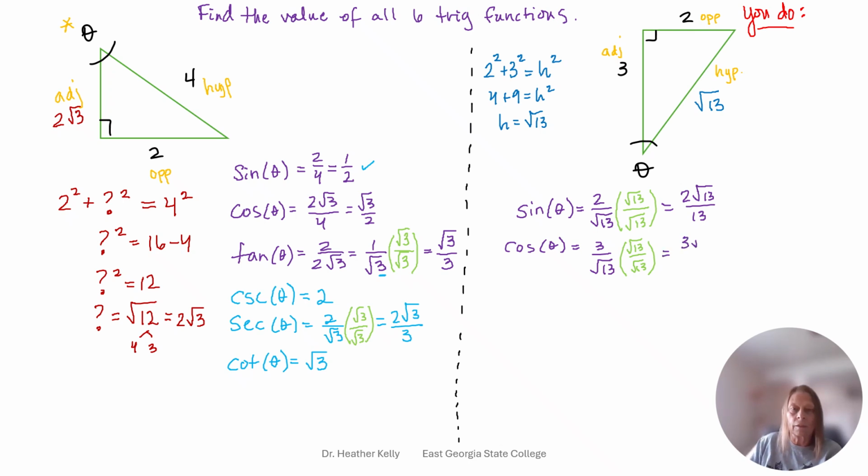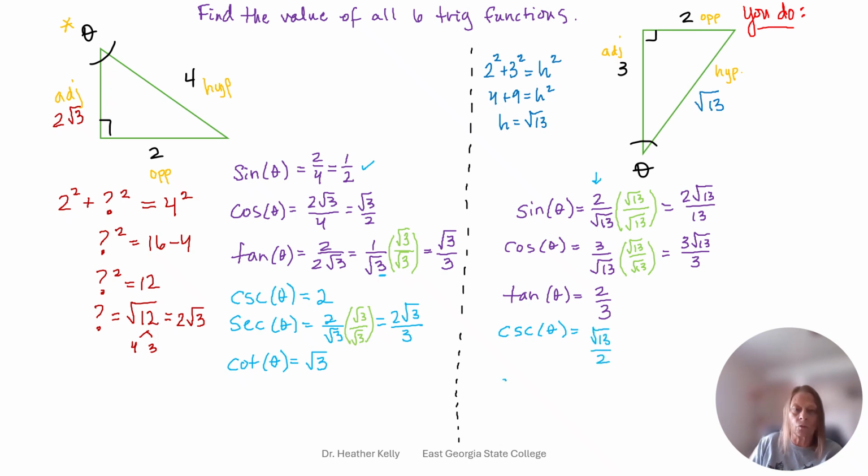Getting us this. Our tangent is 2/3. Lovely. And then I'm just going to use that information to get the rest. Our cosecant is the reciprocal, square root of 13 over 2.